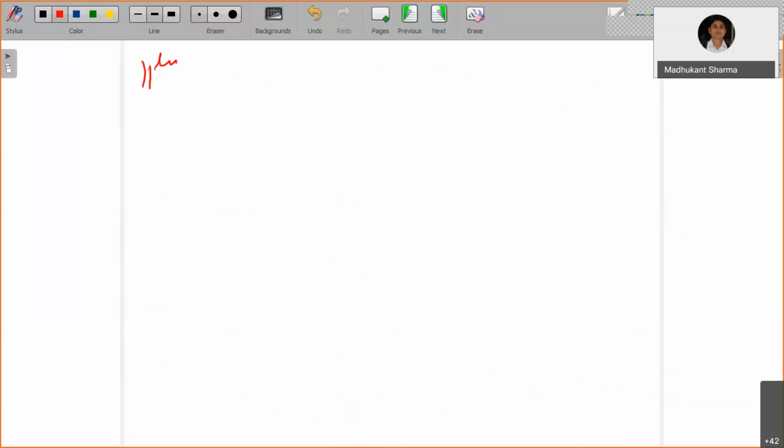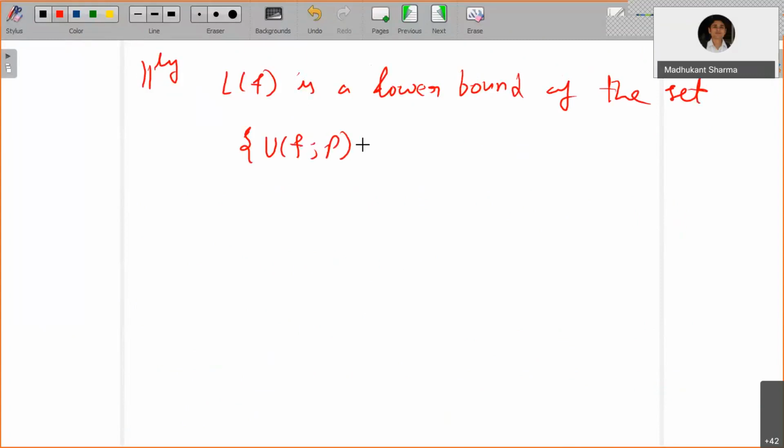So similarly, L of f is a lower bound of the set U of f, P such that P is any partition of I. So it's a lower bound, and capital U of f is the greatest lower bound, the infimum.